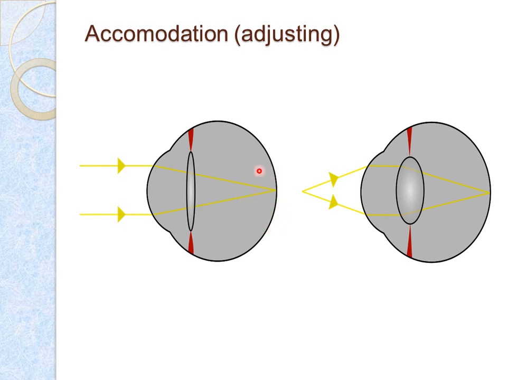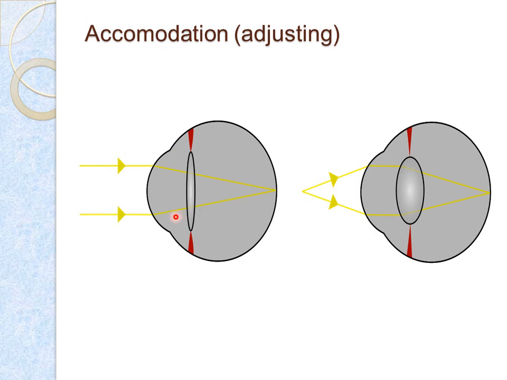This process of focusing by the eye at different distances is called accommodation. It is brought about by adjusting this elastic lens, making it thinner or thicker.